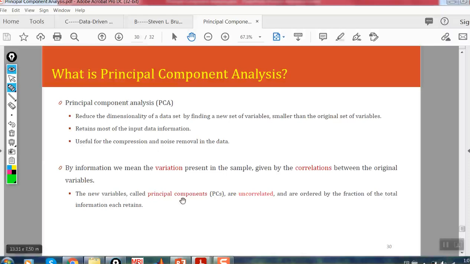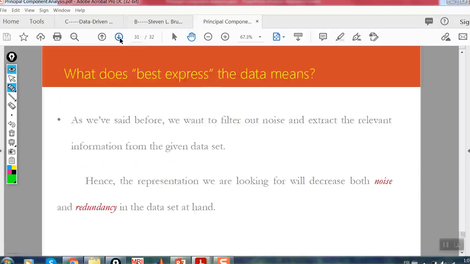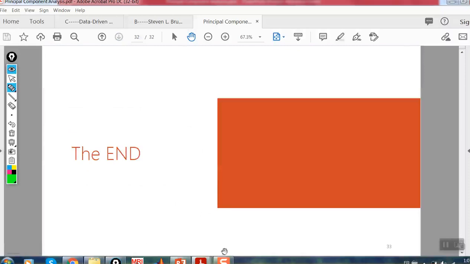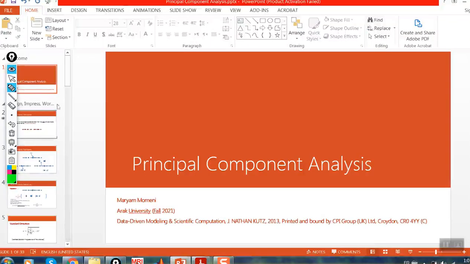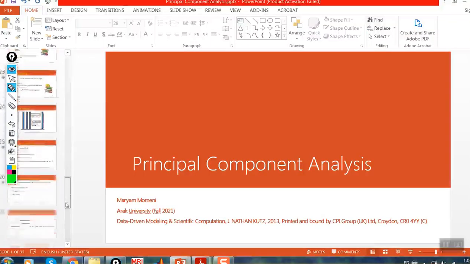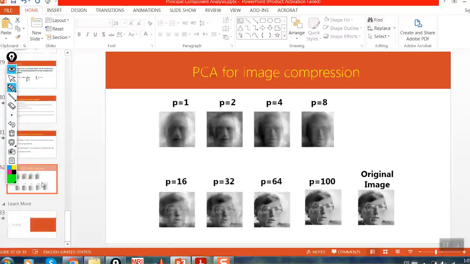I have another slide here, but I don't know why it was removed in the PDF version.